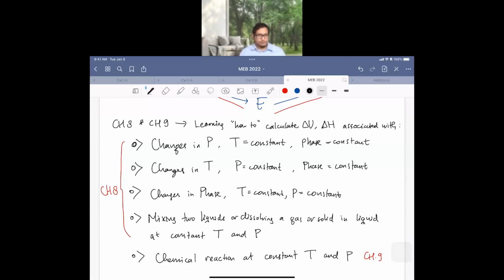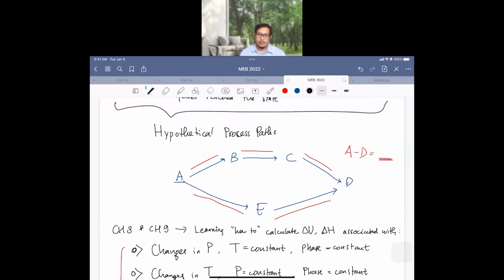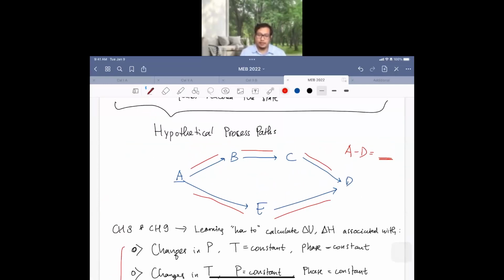Since we don't have any tables to look at in chapter 8, what we can do is create this hypothetical process path at the beginning. So visualizing the path you take to observe the process is the very first step for chapter 8.